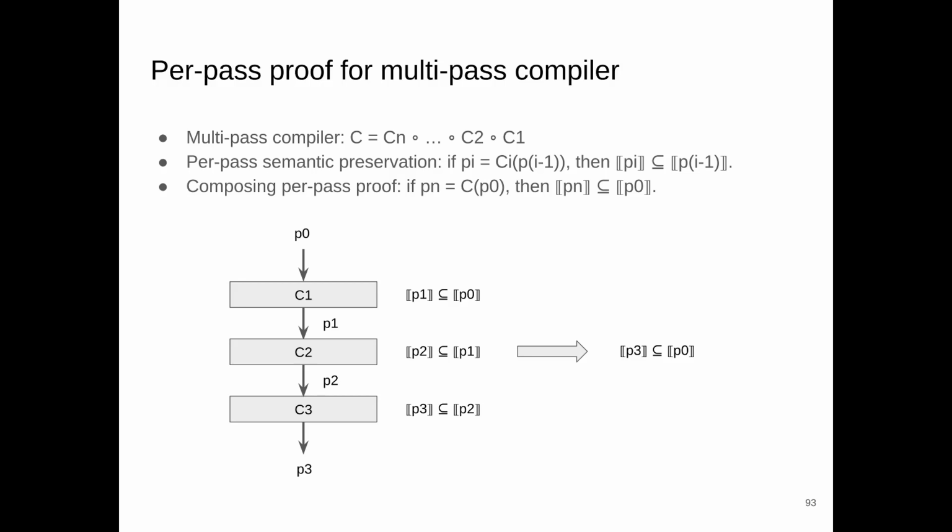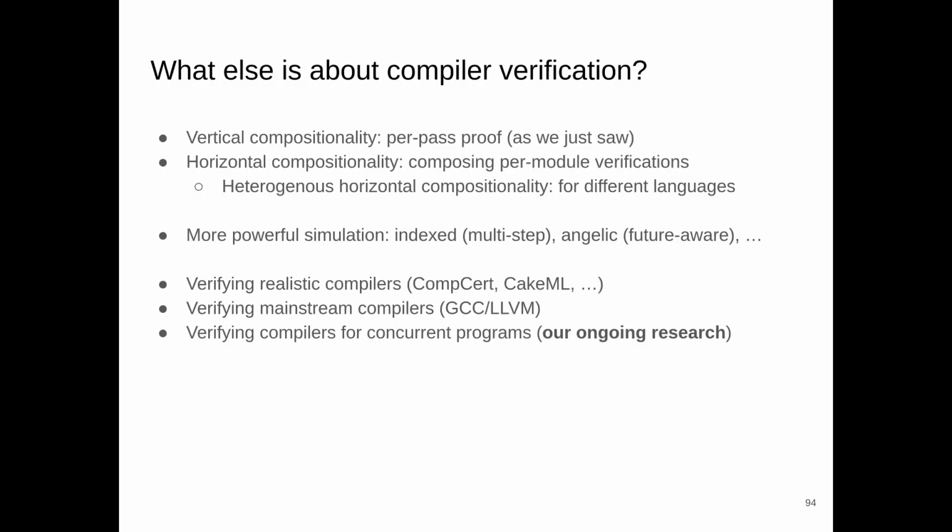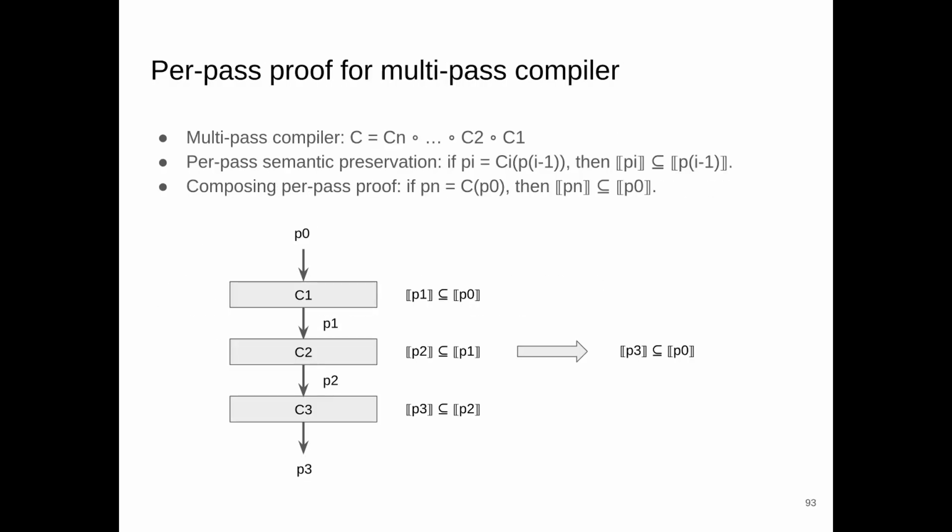The entire set of optimization passes is actually correct. So this is usually called a vertical composition because a program is vertically traversing multiple optimizations, and you can vertically compose each pass's compilation correctness results.